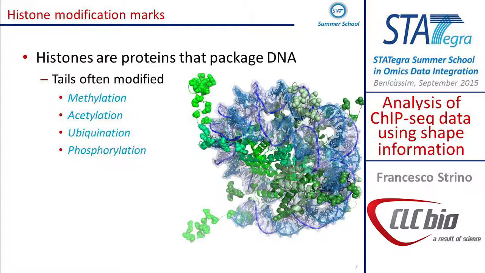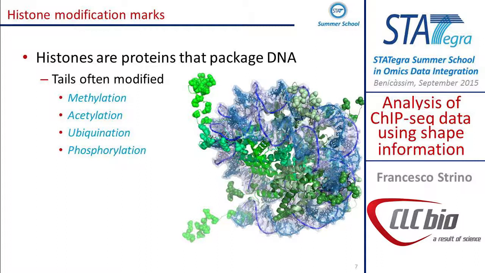And for ChIP-seq, the important part is that the tails, this is the tails of H3, are often modified. You will find that some residues have methylation, acetylation, ubiquitination, phosphorylation, citrullination, or whatnot.